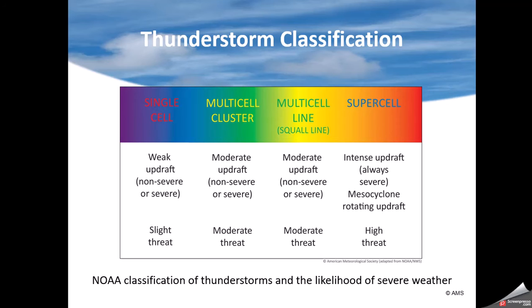In a multi-cell line, it's just like a squall line forming along a cold front. And then you can have these intense supercells where that gust front never gets out in front enough to cut off that warm air. What you wind up with is intense rising motion that just continues to last. These can last hours, whereas most single cells might be 20 to 30 minutes long.